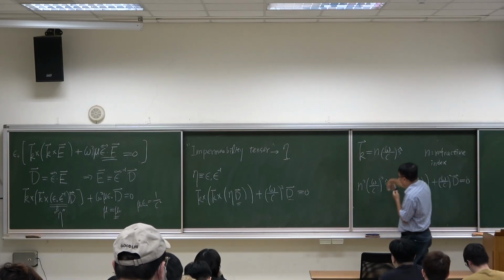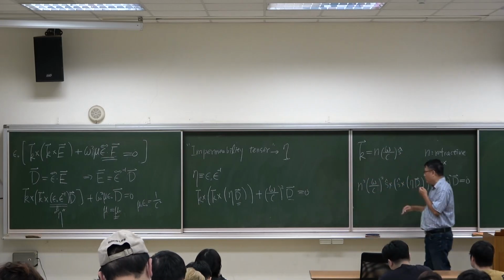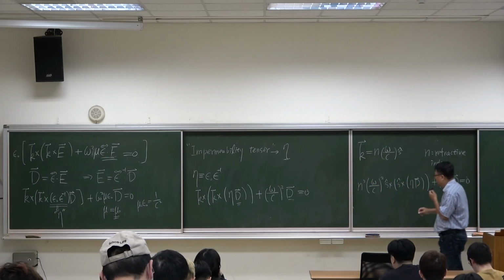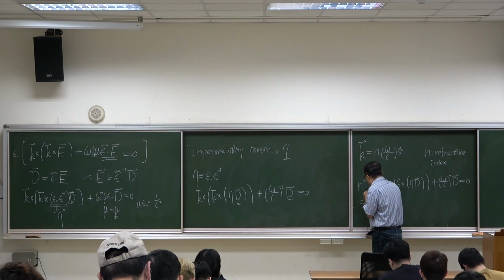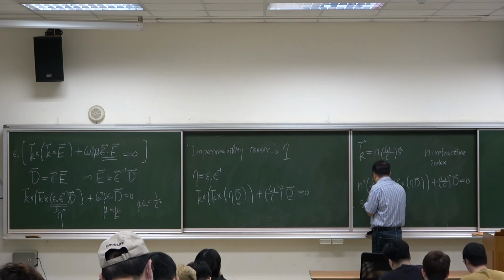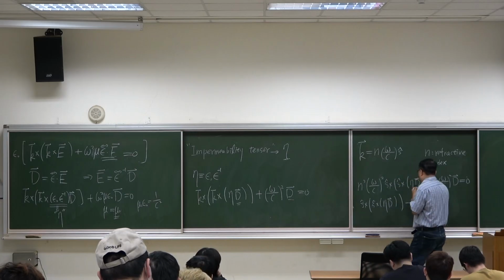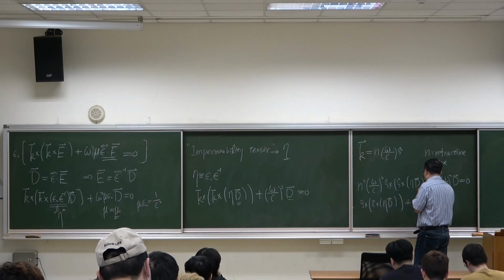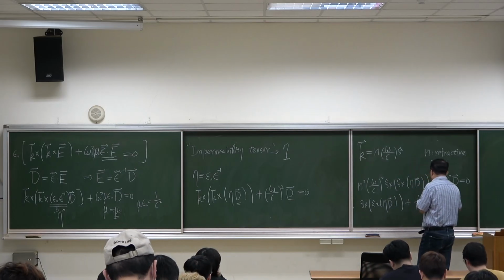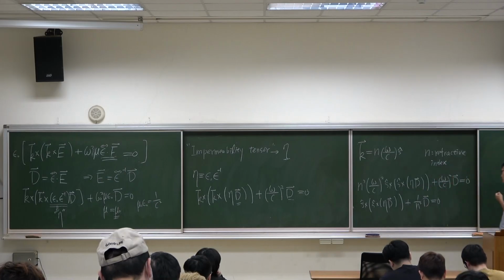Then we divide the whole equation by n squared omega over c squared and find S cross eta D plus 1 over n squared D equal to 0.